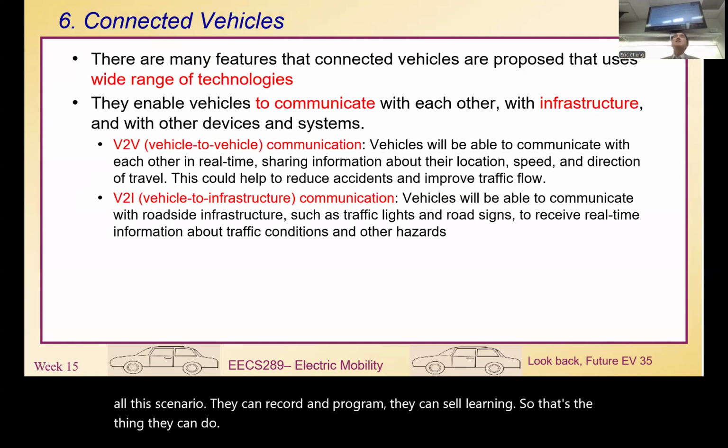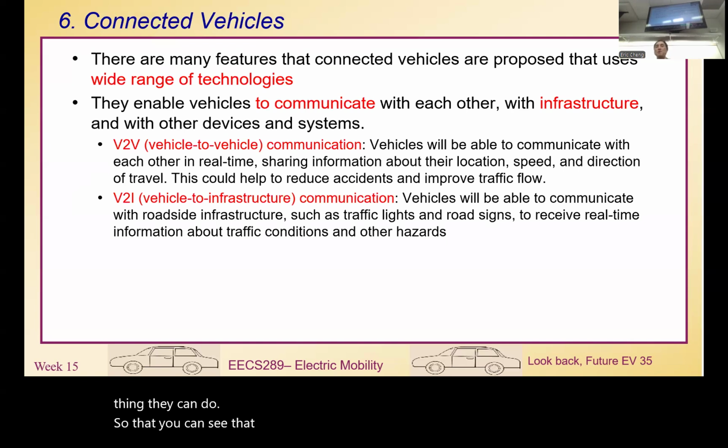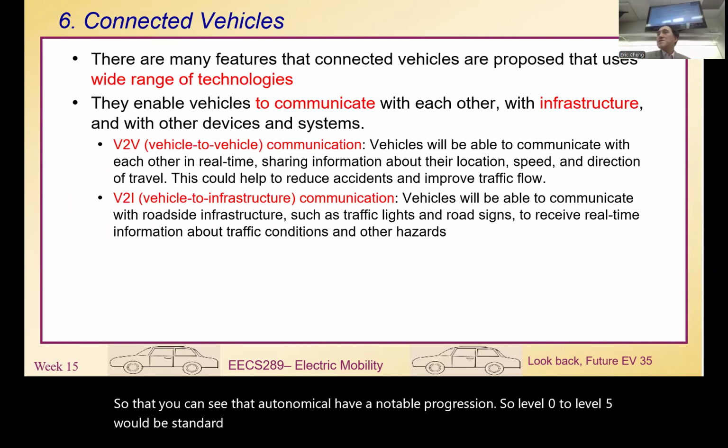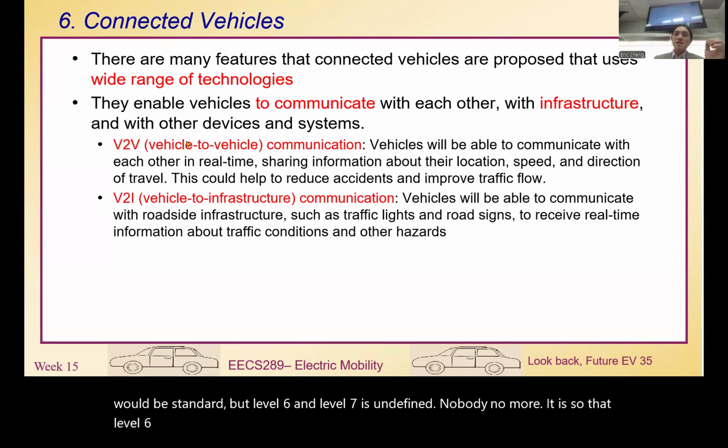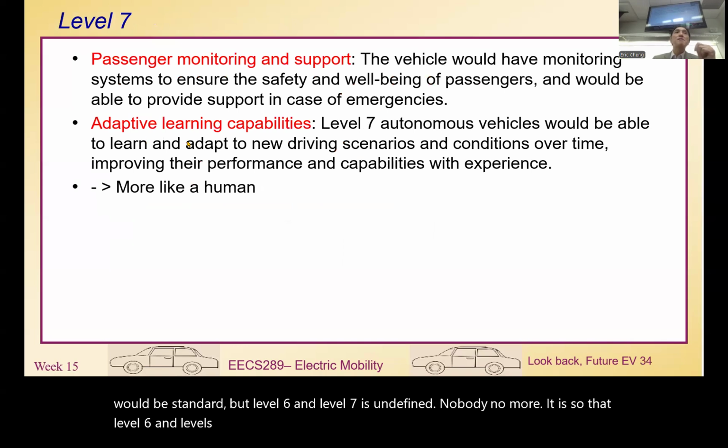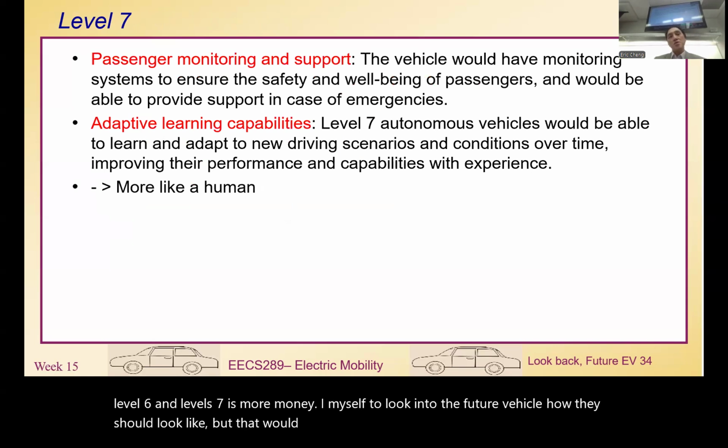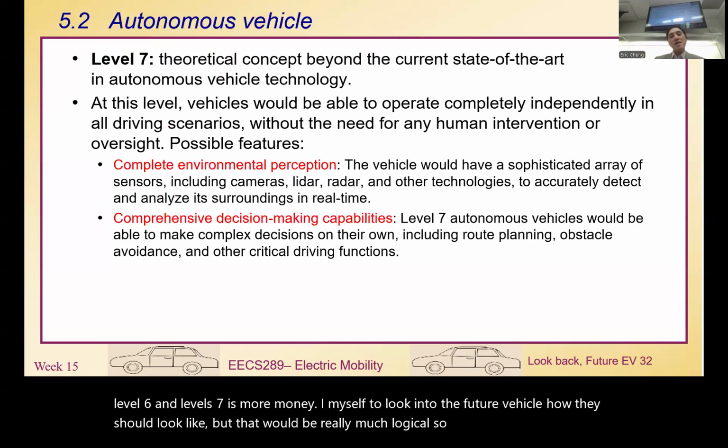So you can see that autonomous vehicles have a lot of progression. Level 0 to level 5 are standard, but level 6 and level 7 are undefined. Nobody knows what they are. Level 6 and level 7 are my own look into the future, how future vehicles should look, but it is logical.